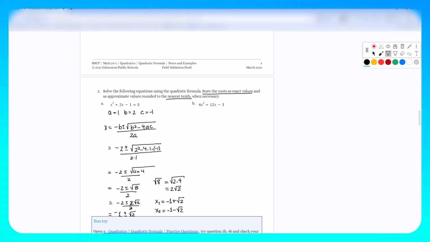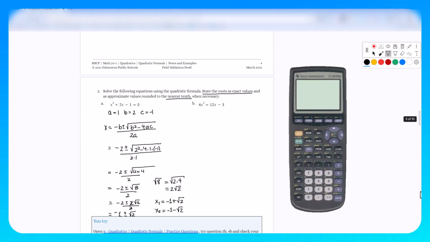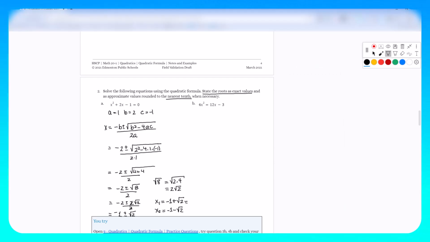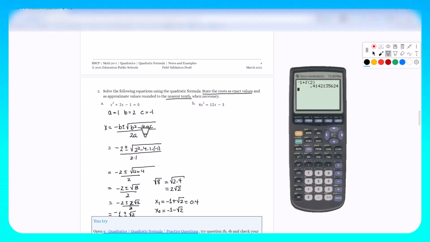Now putting these into the calculator, we get -1 plus square root of 2, which is 0.4 to the nearest tenth.